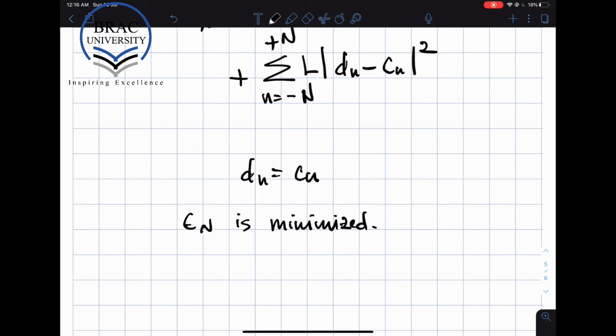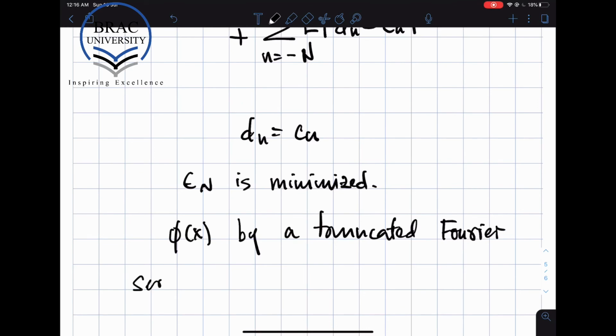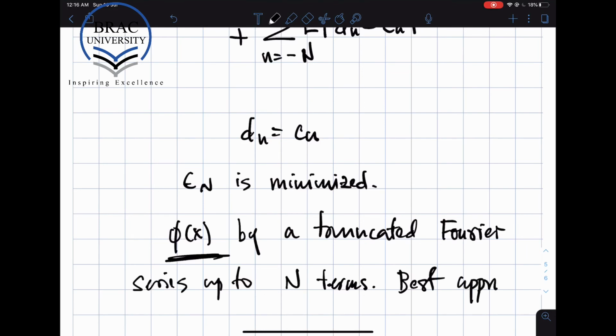So this means that if we approximate our function phi of x by a truncated Fourier series up to n terms, that series is going to be the best approximation in the sense of least squares.